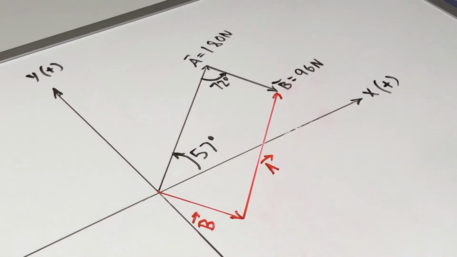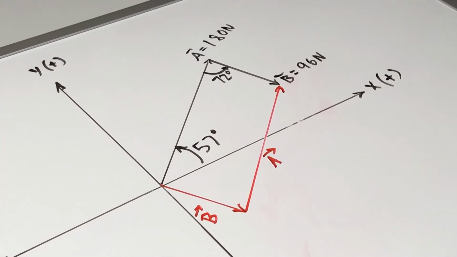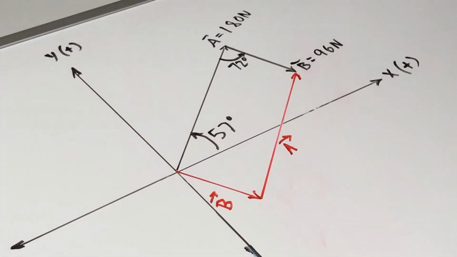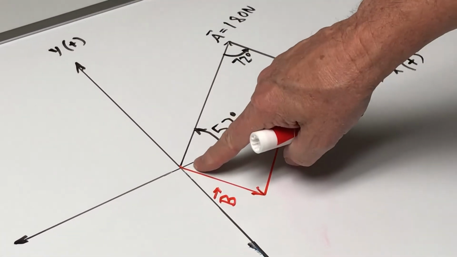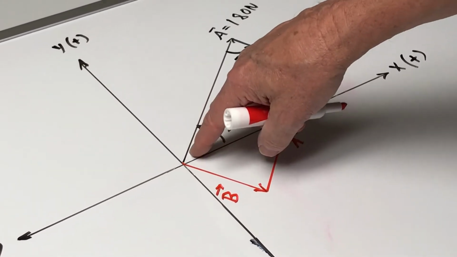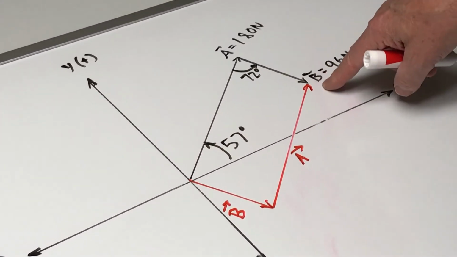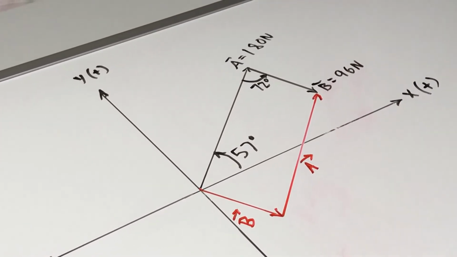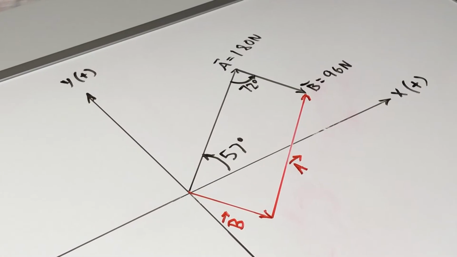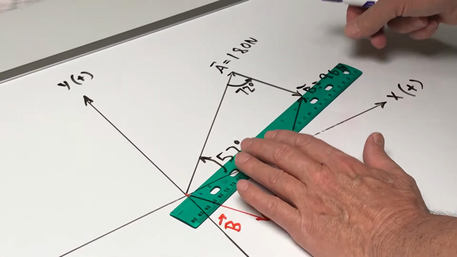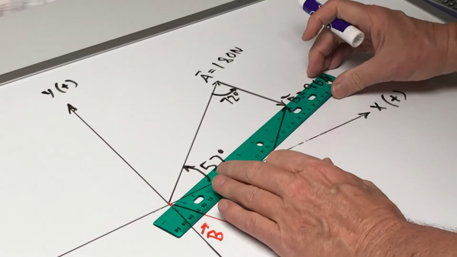Now, the way we form our parallelogram here is critical, because you could go this way for your parallelogram, but what you need to do is look where the two tails of the original vectors join, which is right here at the origin, and where the two heads of the vectors meet over here, and you need to draw a diagonal across that parallelogram.